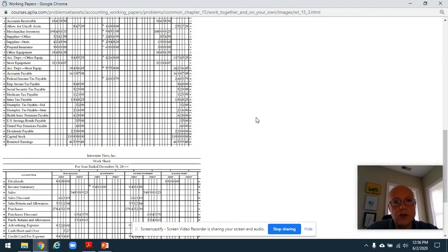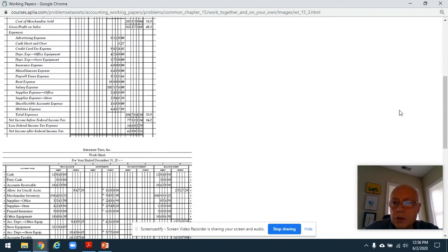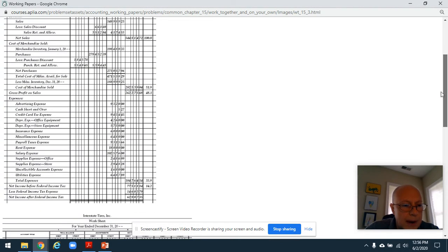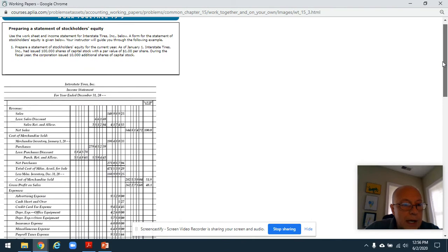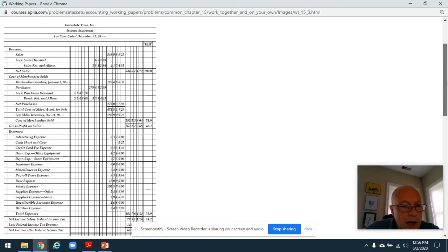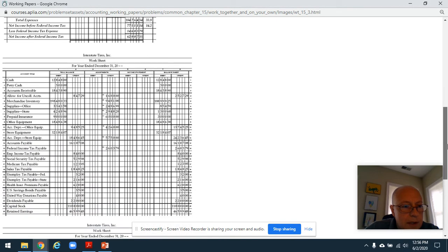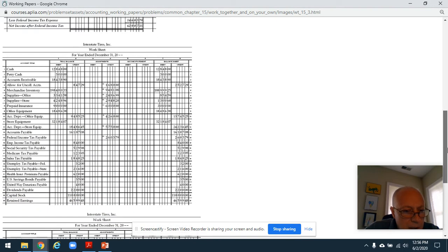We've got to go back to our worksheet. Now, if everybody recalls, when we set up our worksheet, we just kind of plugged this number in because it was an entry in our general ledger account. And what we've got to do is just go find retained earnings. Where is my retained earnings? Oh my goodness, retained earnings.